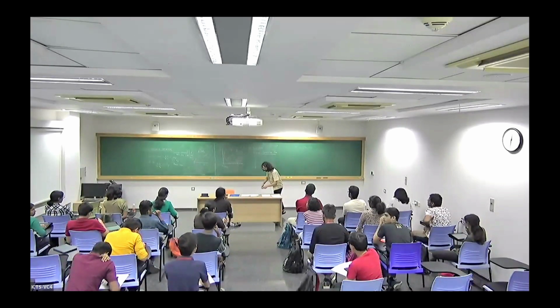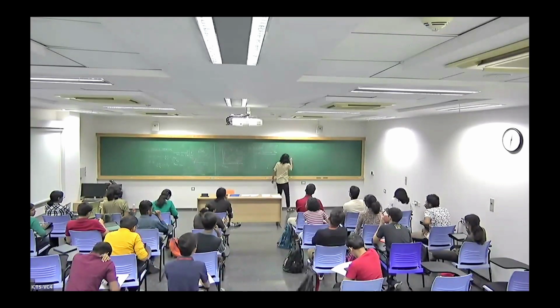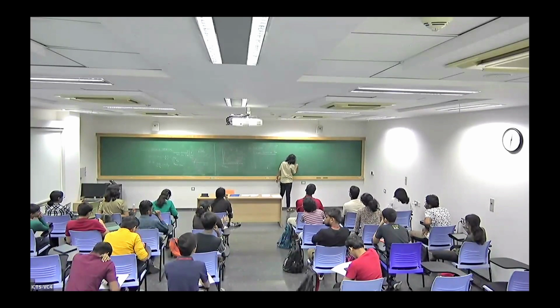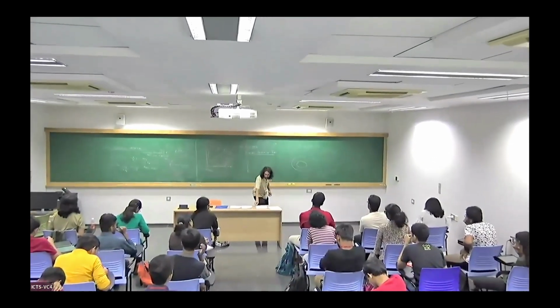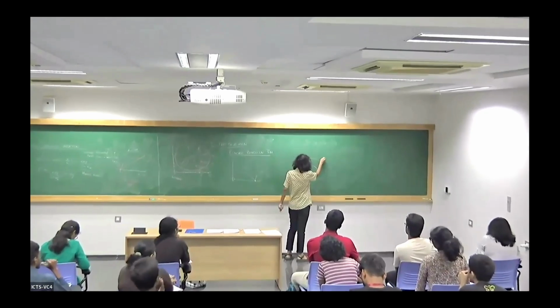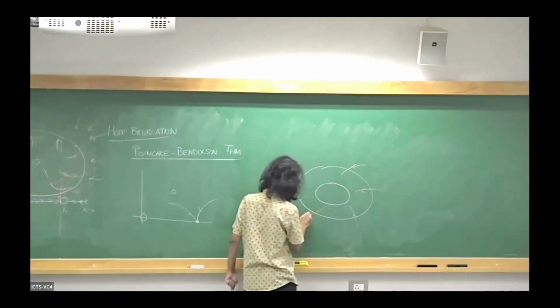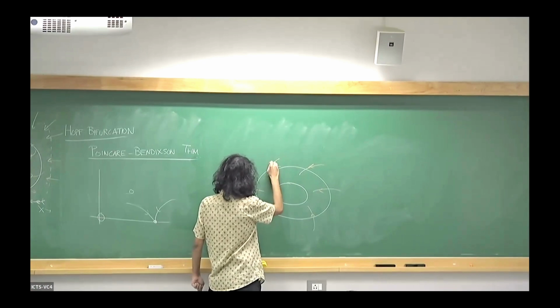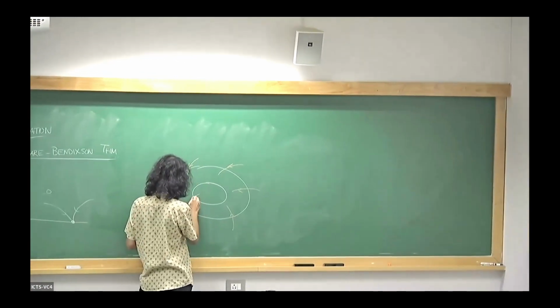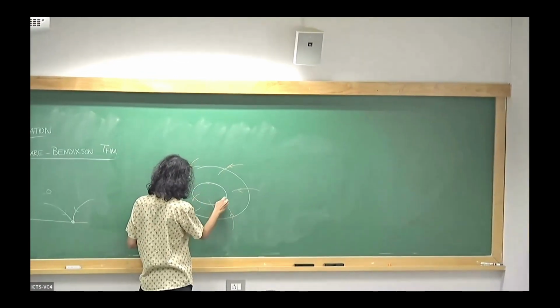So the intuition is really basically that, let me just draw the basic version, right? You have this sort of donut shaped region. Here, all of your trajectories are coming in, right? Here, all of your trajectories are going out, right?